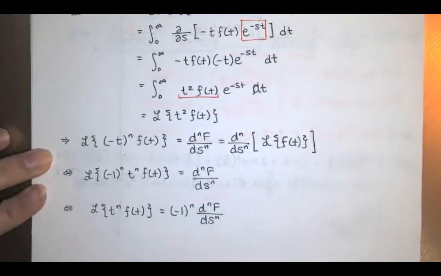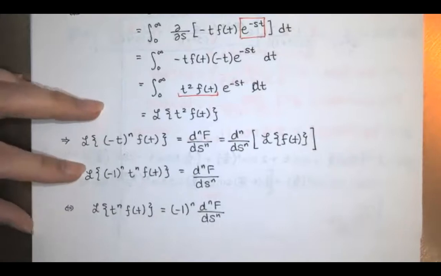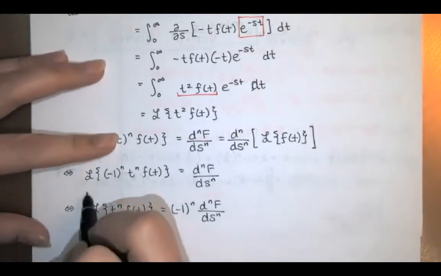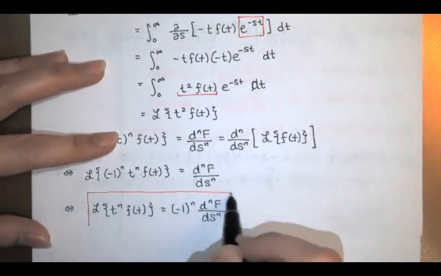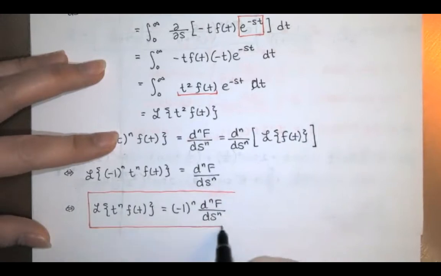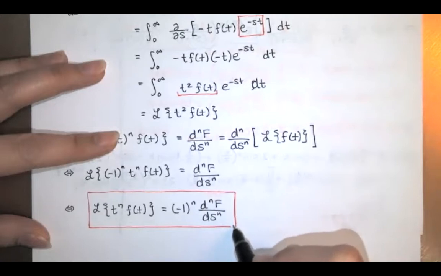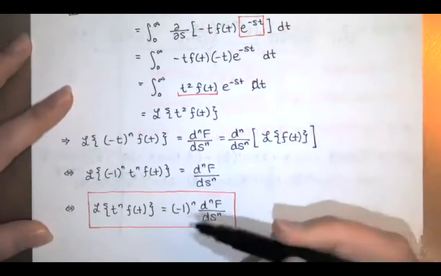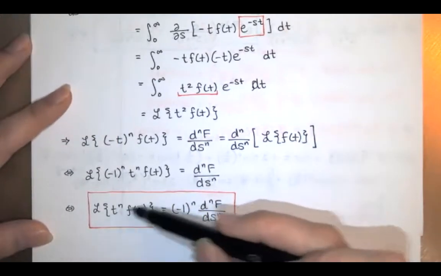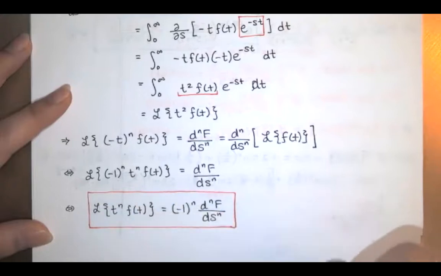Now this will allow us to take the Laplace transform of some power of t times f of t, where f of t is a function that we know the Laplace transform of, some function in our table. But in practice, we usually don't use it for that. We usually use this when we are solving initial value problems in which the differential equation does not have constant coefficients.